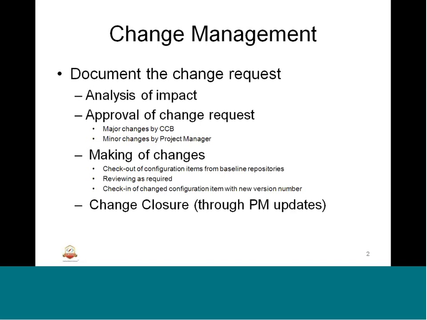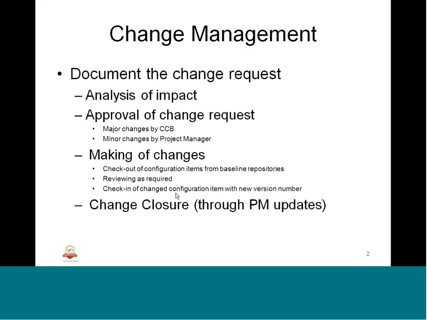Changes are made through a checkout and check-in process, which is the configuration control process, where we check out from the repository, and once we update and all the reviews are done, we check in back so that a new version is created and the changes are available in the repository.